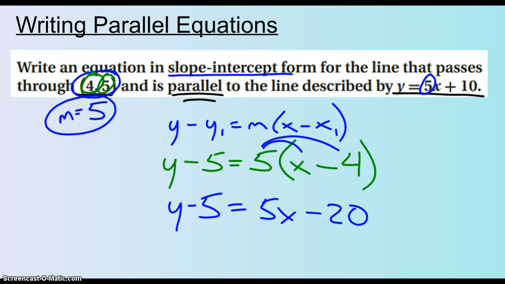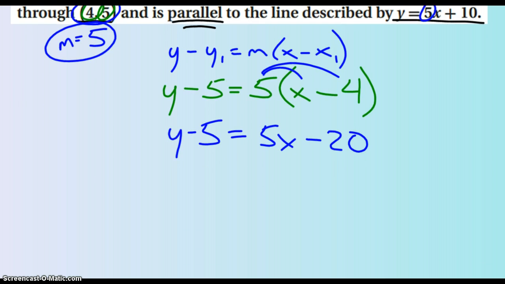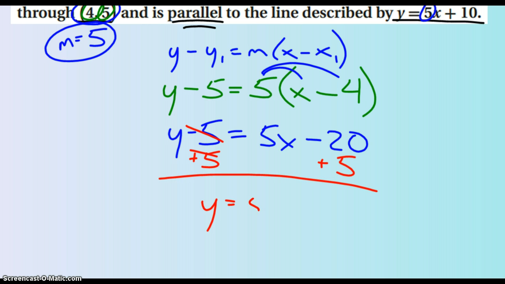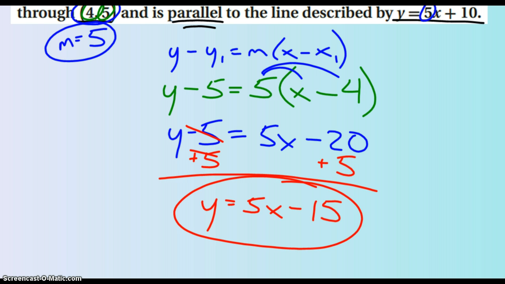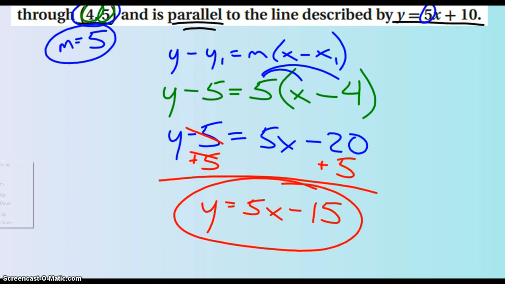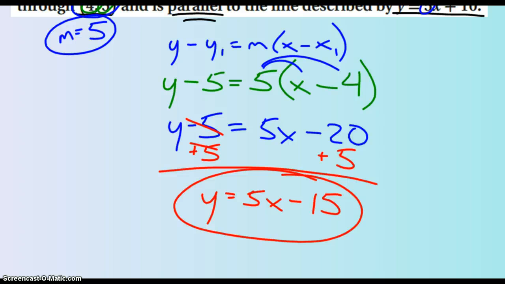And then we just have to add 5 to both sides. And here we go, y equals 5x minus 15. This equation is parallel to the given equation and will also fit the point (4, 5). And that is what we would do in that situation.